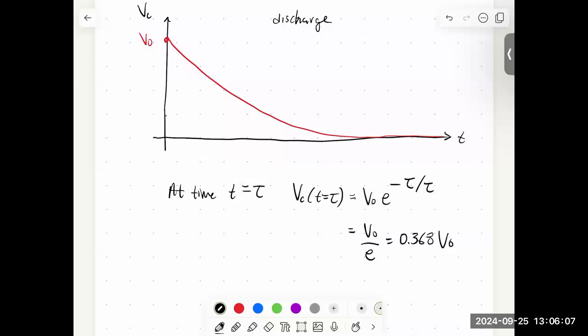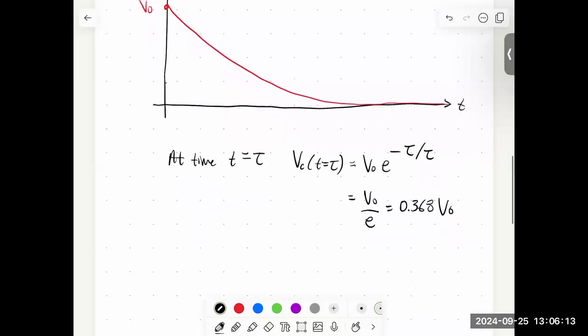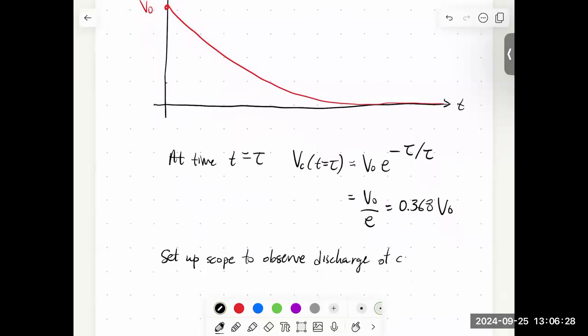So it's about 37% of the maximum voltage. So what you're going to do in the lab is set up your scope to observe discharge of the capacitor. So that's step 1.